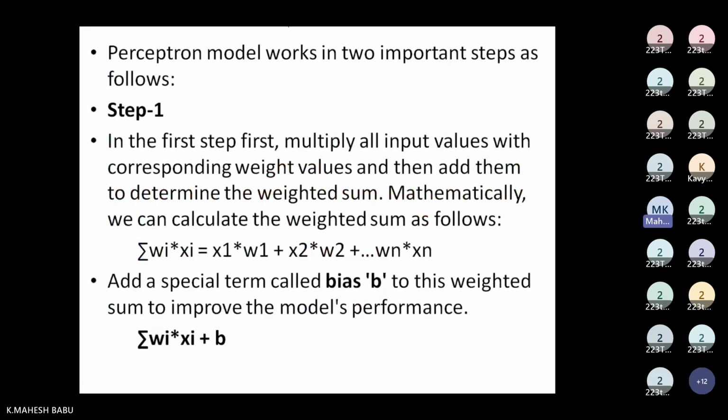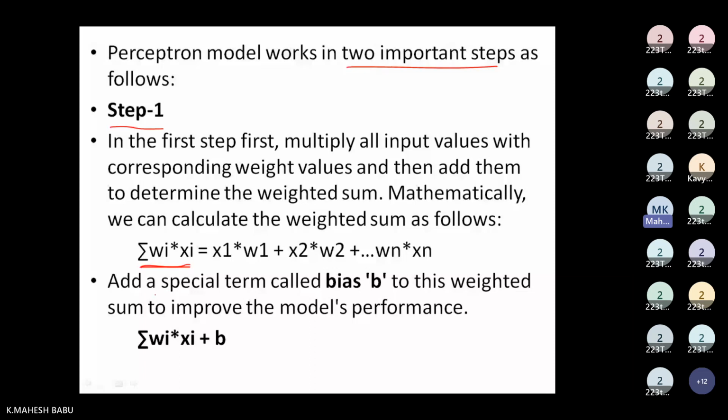See here, the perceptron model works in two important steps. Step one, where you find the sum of all inputs along with the weights. So sigma wi into xi, x1 into w1 plus x2 into w2 and so on. All the inputs along with the weights are multiplied and summed together, and we maintain that value.